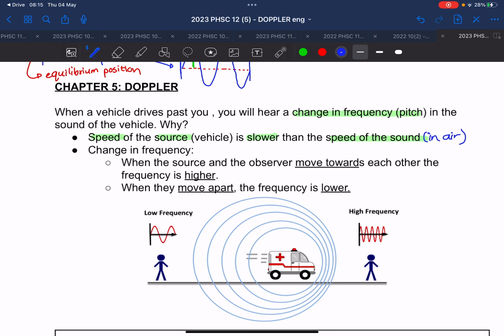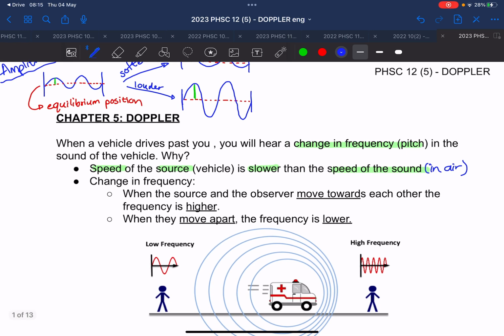How fast does a car in town normally drive? 60, 80 kilometers per hour, depends who's driving. Let's say it is 60 kilometers per hour. That's the speed limit in town. How will we convert that to meters per second?